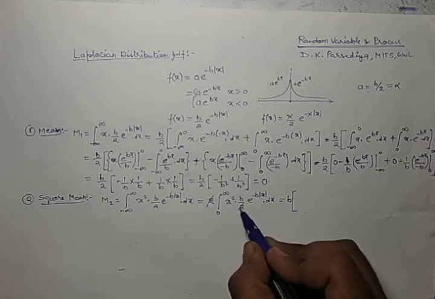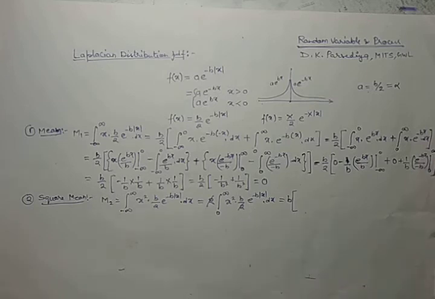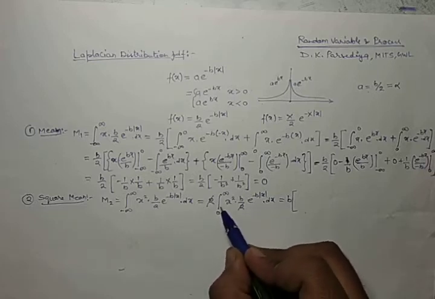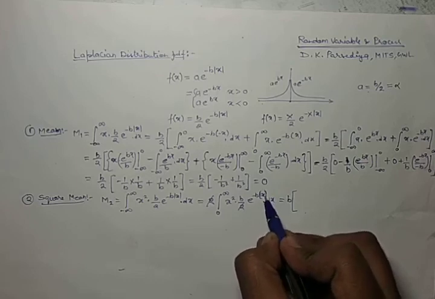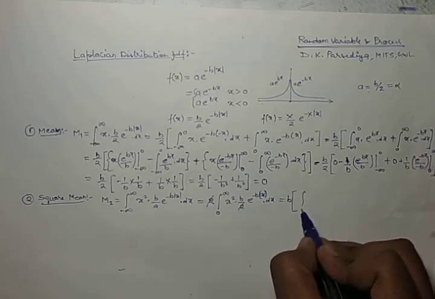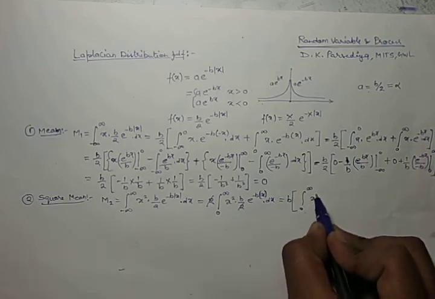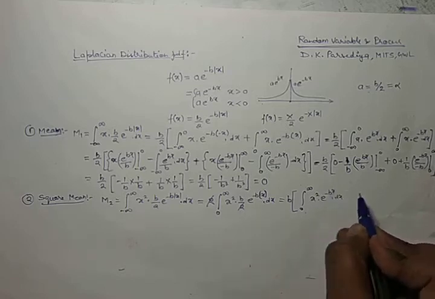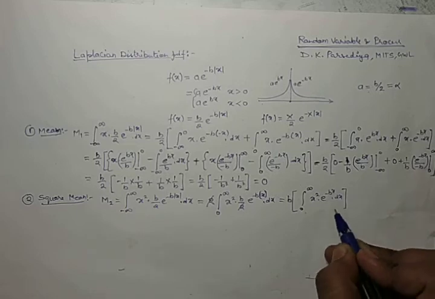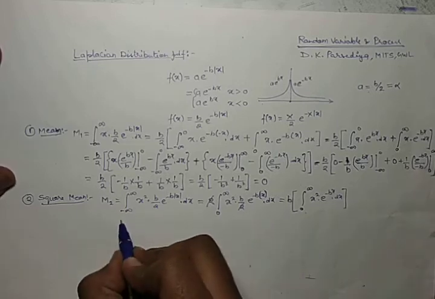and this we have to solve by integral. So for the limit 0 to infinity, this mod x will be plus x, so directly we may write 0 to infinity x square into e to the power minus bx dot dx. So now apply the integration.